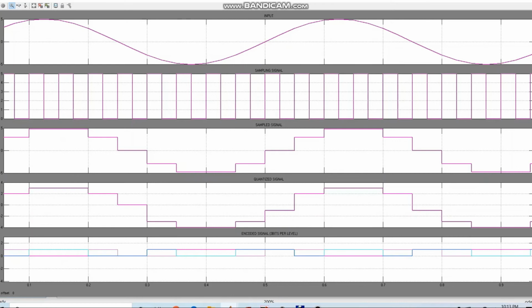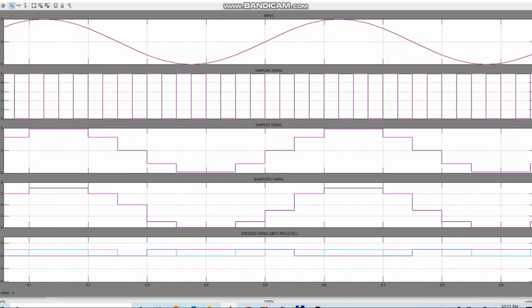Like for 2, it is 0 1 0, and for 3 it will be 0 1 1. Likewise for negative integers -2 or -3 and -4 we have different values, might be 101 or 011.